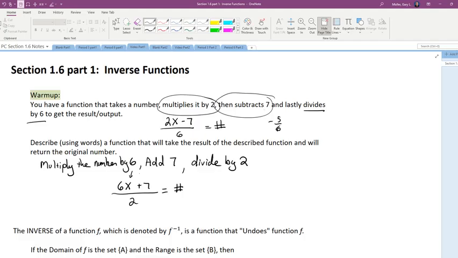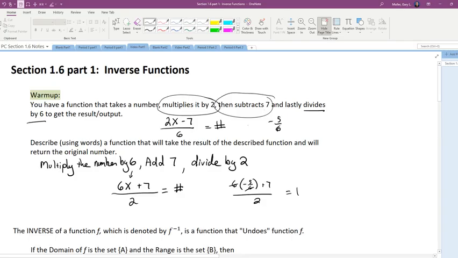So let's give it a shot. Negative 5/6 times 6. I'm going to just write it down. The 6's cancel. I get negative 5 plus 7 is 2. 2 divided by 2 is 1.